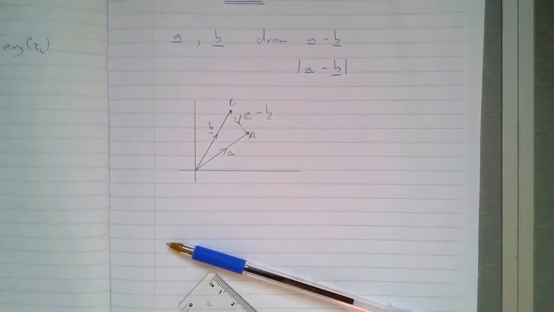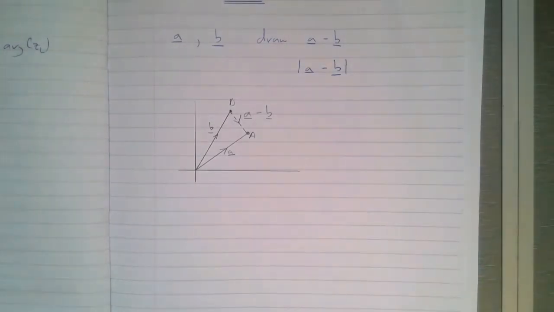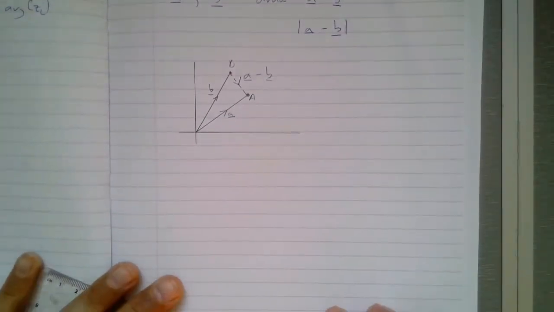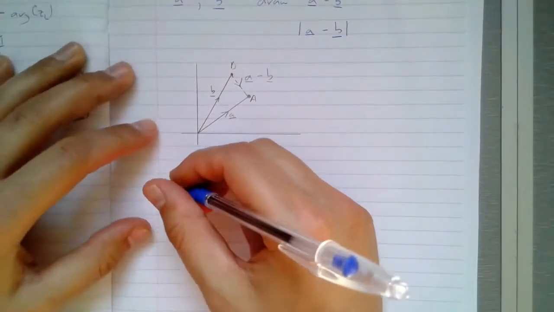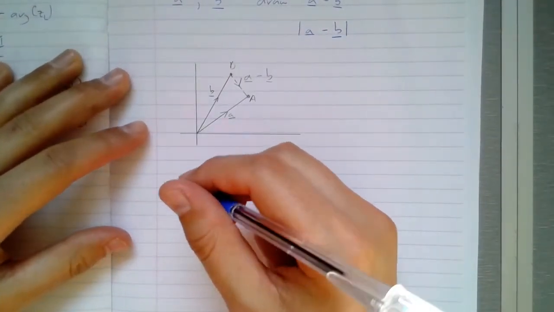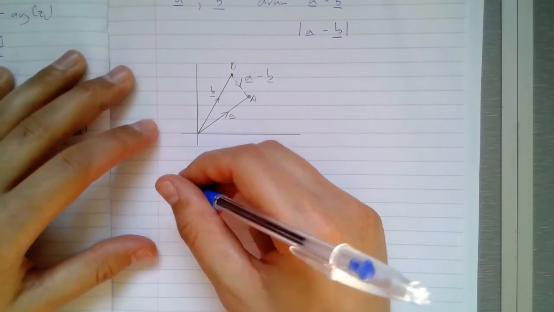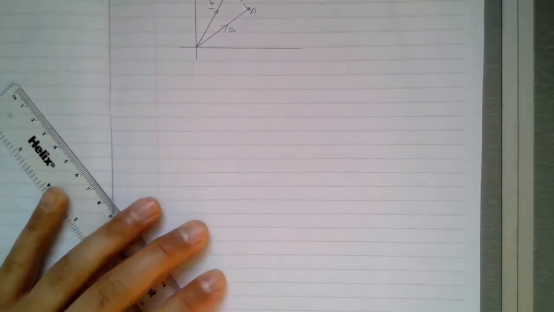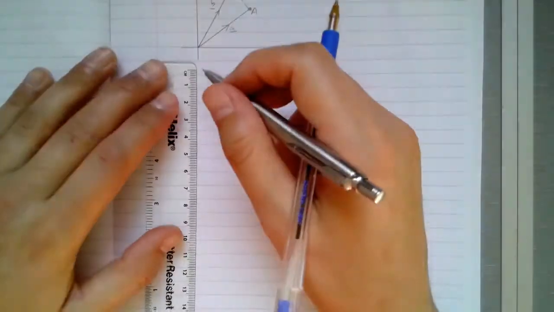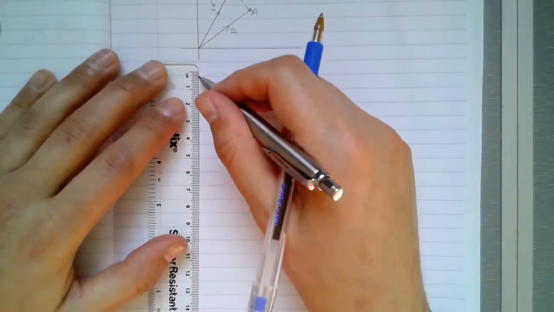Okay, so let's just try and take that to a less vector place and more of a complex number place. So if I said to you, draw me an Argand diagram, which you guys can do, and I want you to plot 1 plus i.